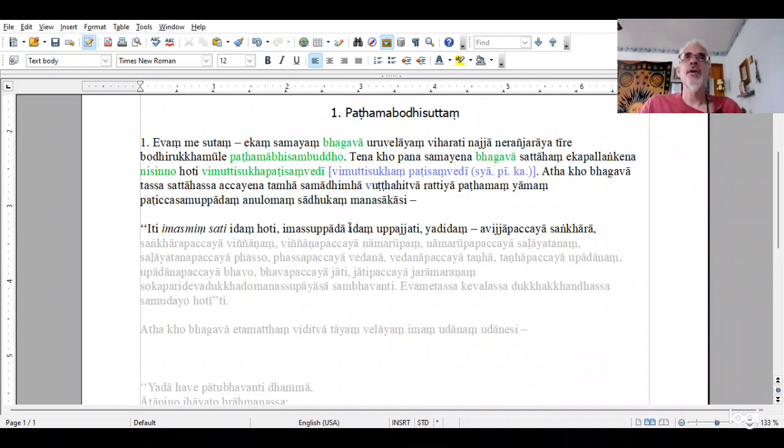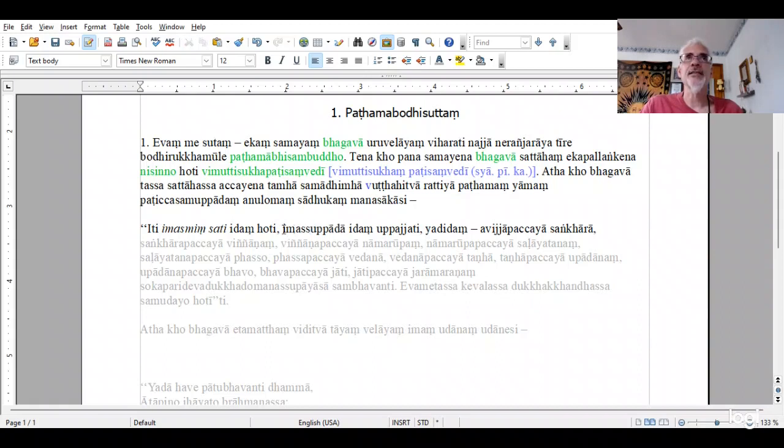So we have, again, idaṃ, this, uppajjati, third person singular present active indicative, exists, really arises. So this arises, and then this word uppādā, related to uppajjati, due to the arising.